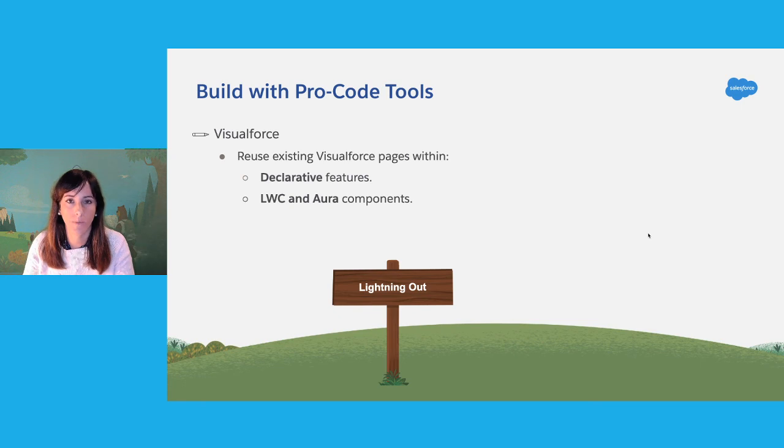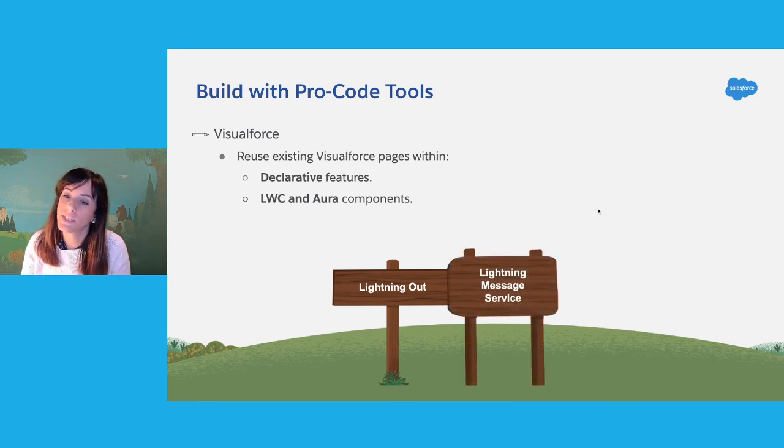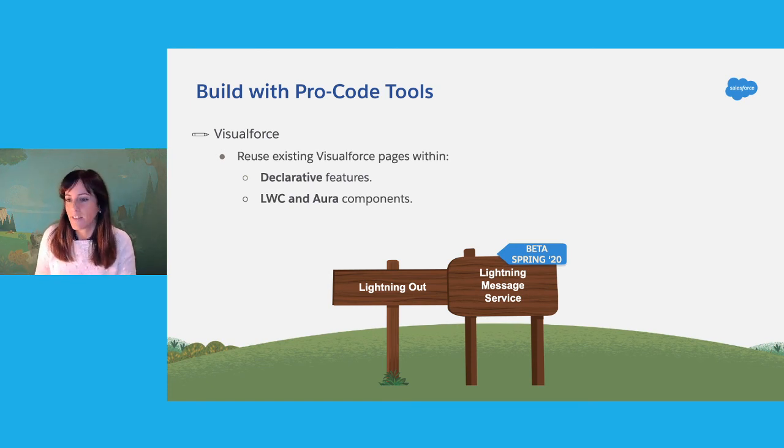For that, we have two mechanisms. The first mechanism is called Lightning Out. Lightning Out allows you to embed a lightning component, either built with LWC or with Aura, in a Visualforce page and communicate the Visualforce page with the lightning component. But we have something that is new, that is very interesting, called Lightning Message Service. The Lightning Message Service is a beta feature in Sprint 20, so at the moment.